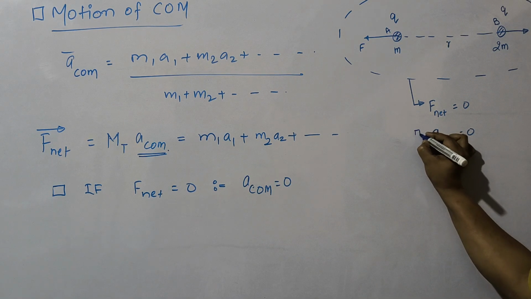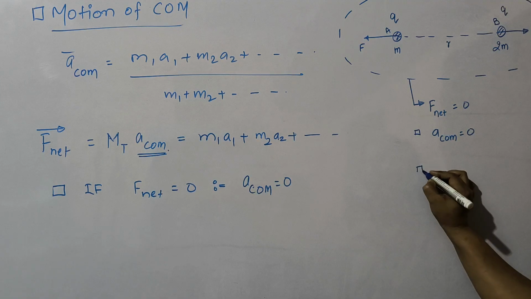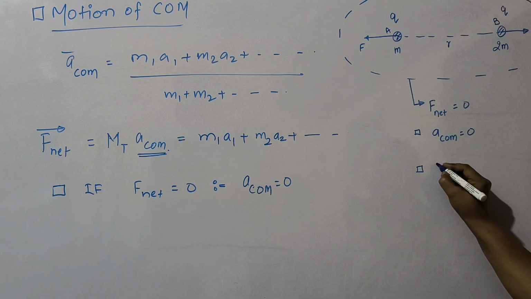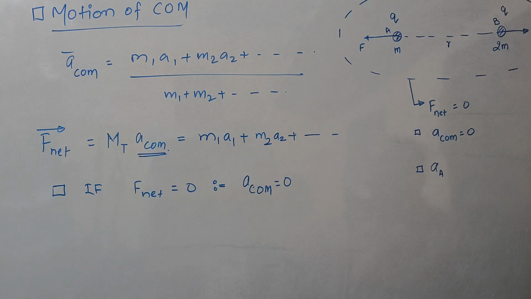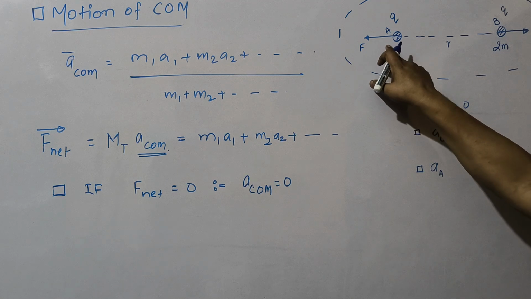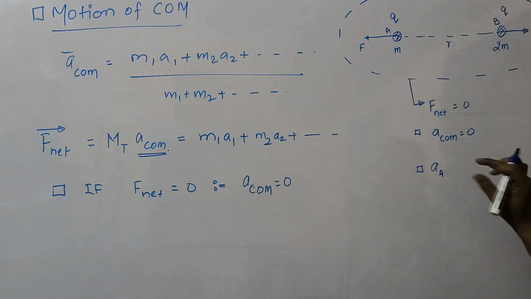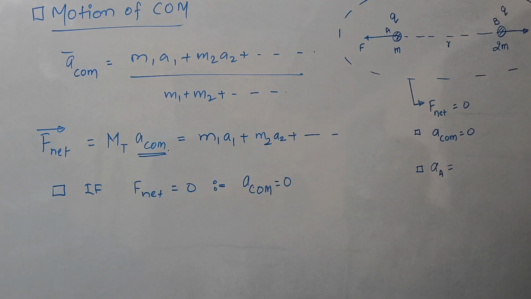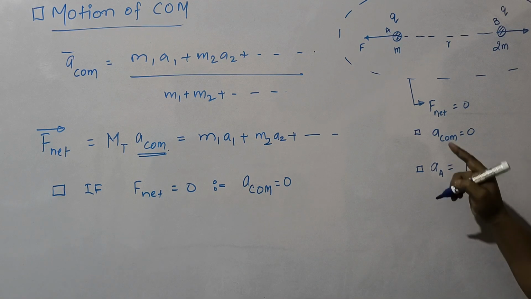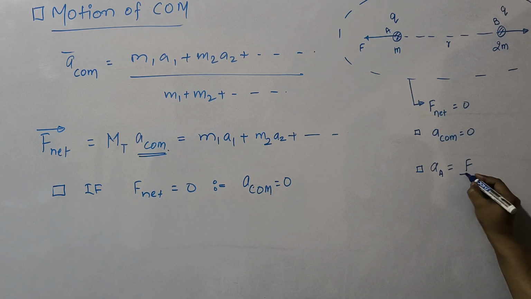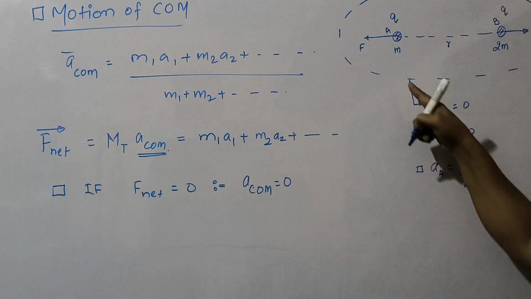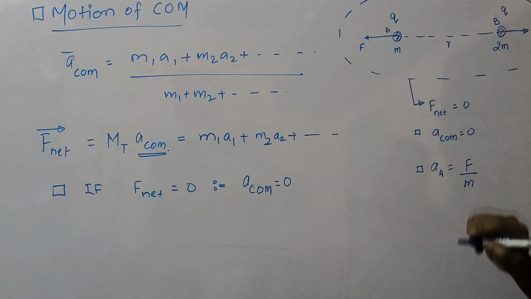Let us write the acceleration of this individual charge. I am not talking about the system right now. So I can simply write force on charge at A upon mass of charge at A.